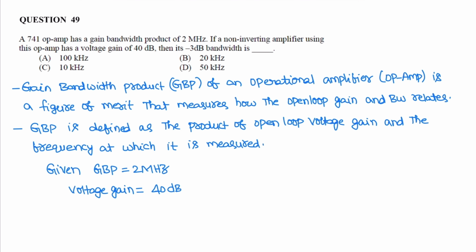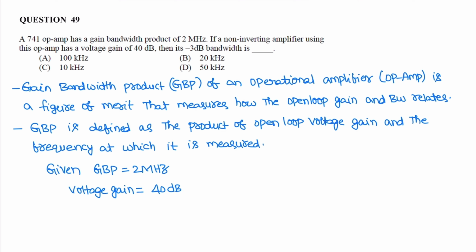Next question. A 741 op amp with a gain bandwidth product of 2 megahertz. Gain bandwidth product of an operational amplifier is a figure of merit that measures how op amp gain and bandwidth relate. It is defined as the product of open loop voltage gain and the frequency at which it is measured. So that is gain bandwidth product.